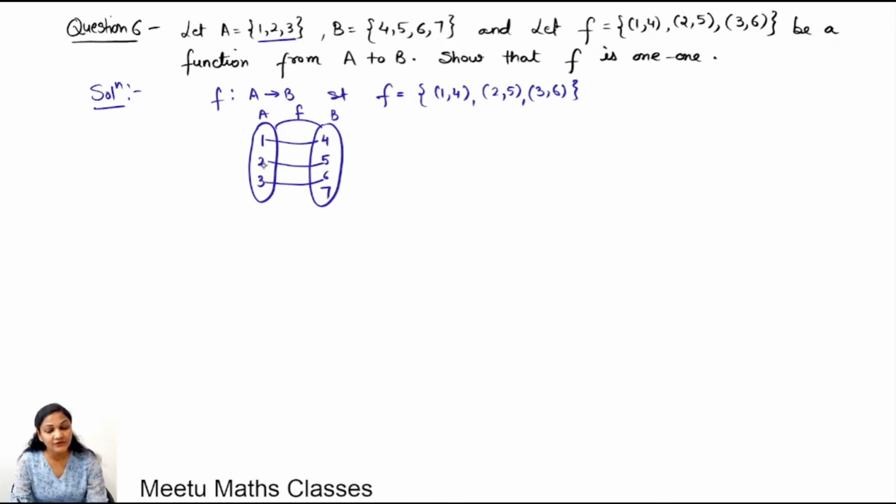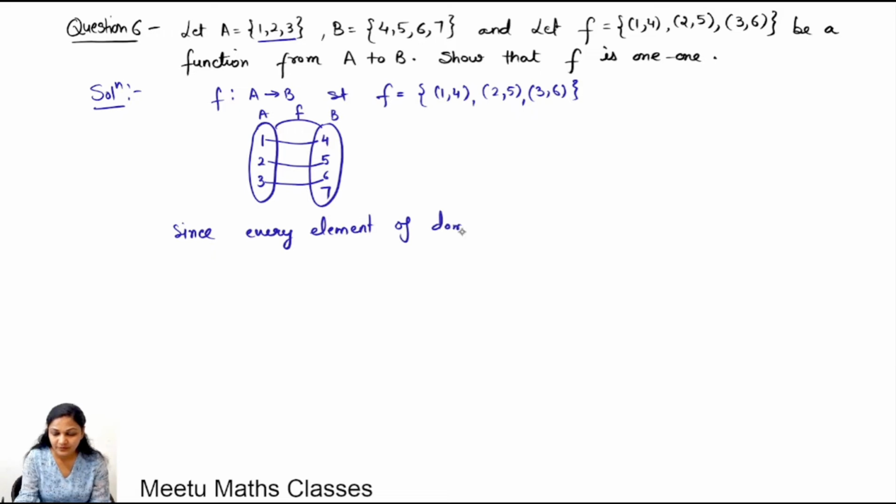Since every element of the domain has a distinct image in the codomain, therefore F is 1-1, or we can say it is an injective function.